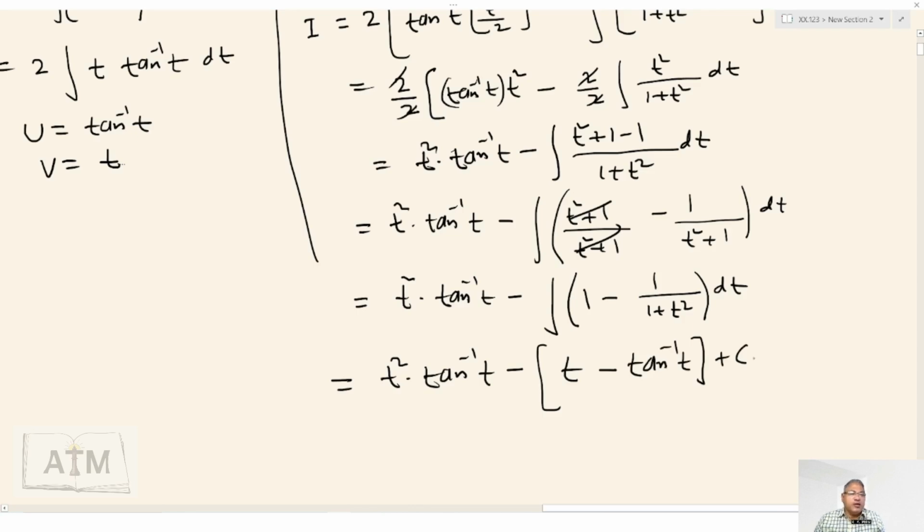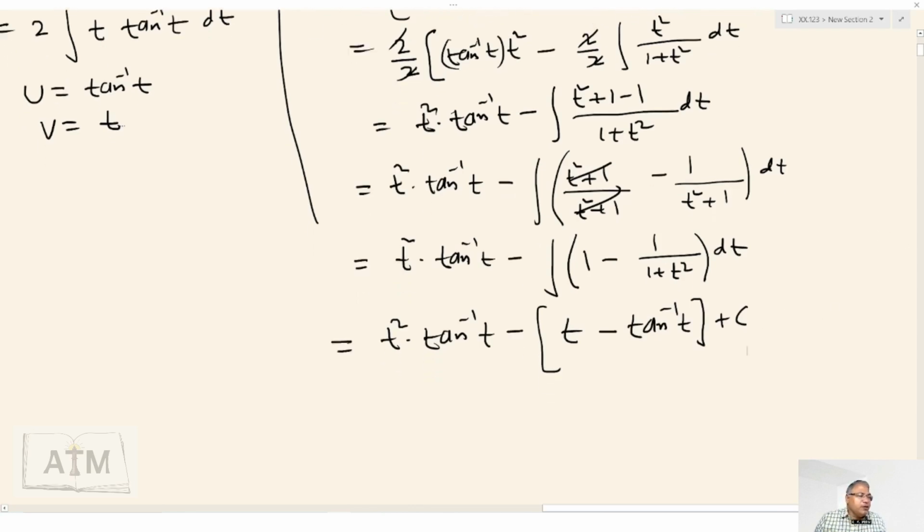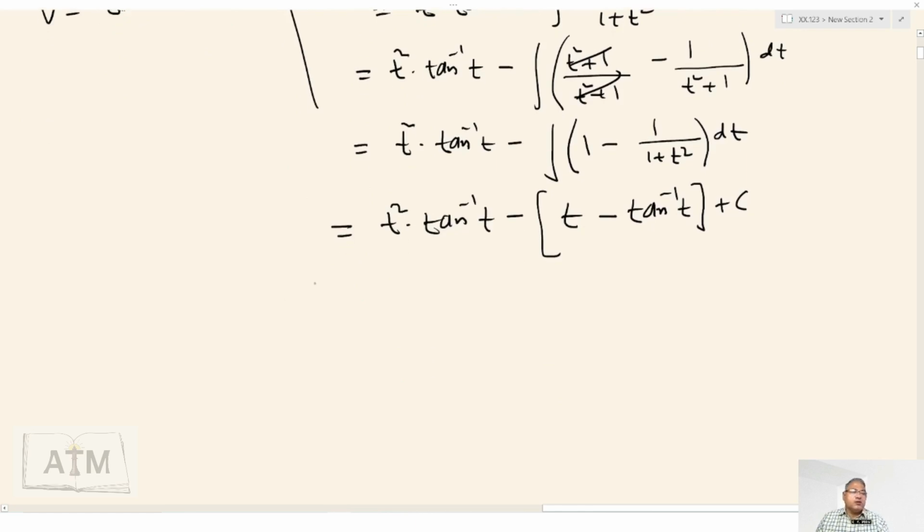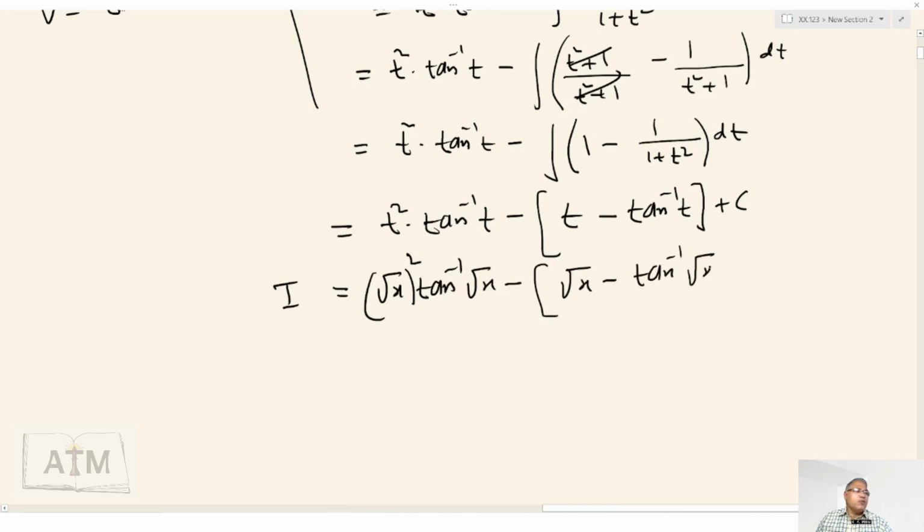Now the integration part is over. Now we have to put back the value of t, nothing but root x. Therefore I equals root x whole square into tan inverse of root x minus root x minus tan inverse of root x plus c.